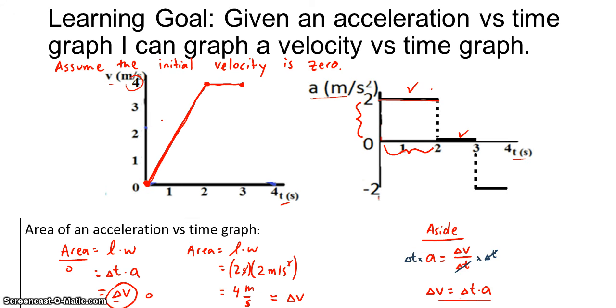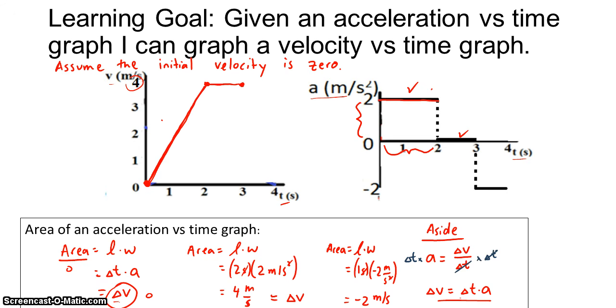Now for this last one, my area, I'm going to have to do it over here. Area is length times width, which is 1 second times -2 meters per second squared. My seconds cancel, I'm left with -2 meters per second.